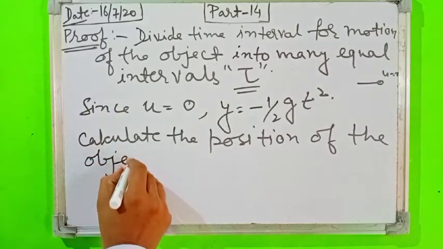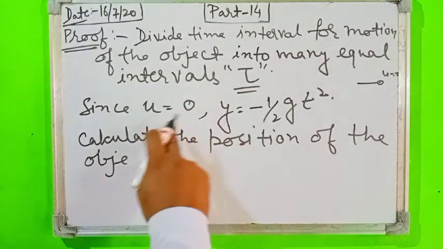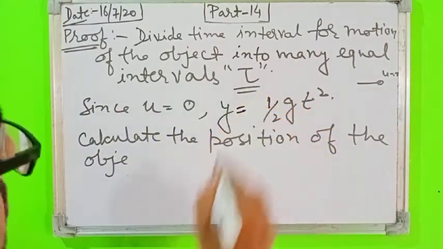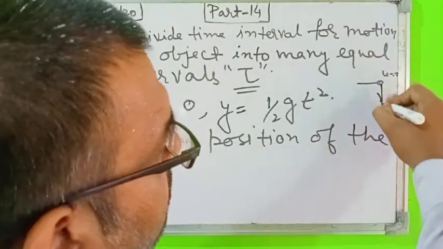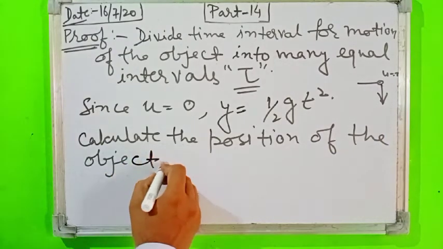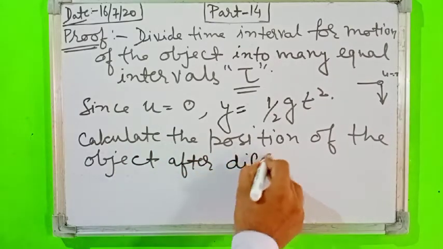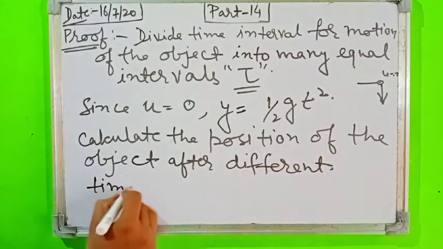It will be y is equal to half gt square, only half gt square, because the motion is not upward, it is in the downward direction. Calculate the position of the object after different time intervals.